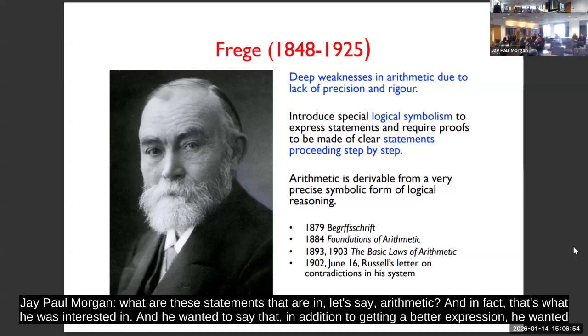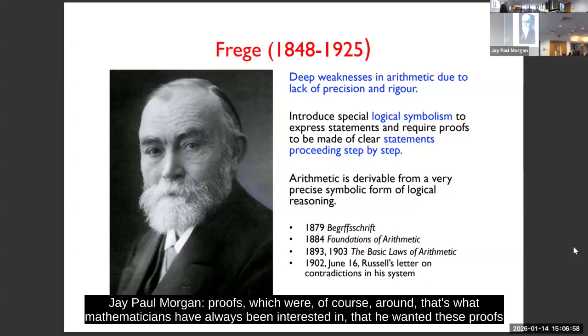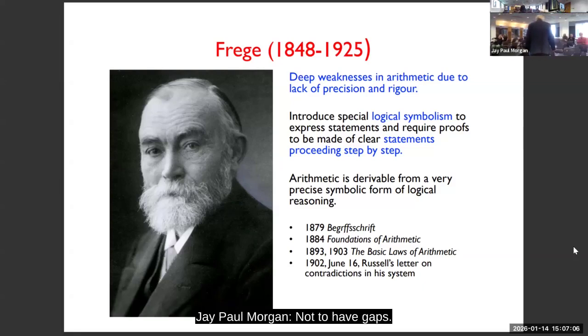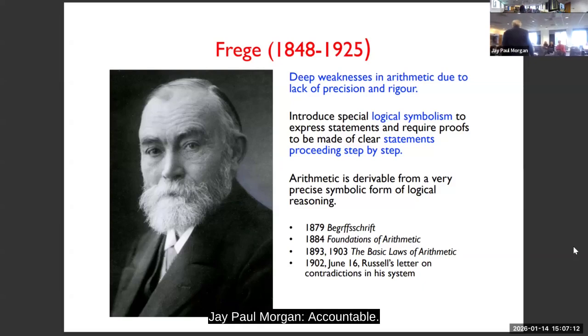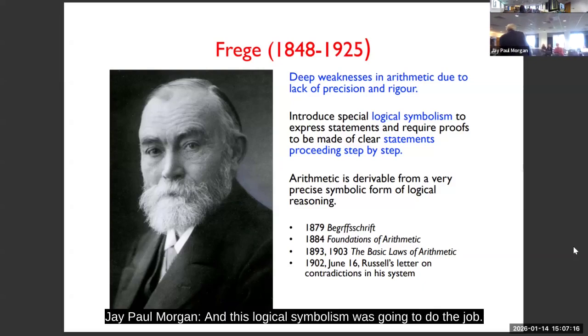And in fact, that's what he was interested in. And he wanted to say that in addition to getting a better expression, he wanted proofs, which were, of course, around. That's what mathematicians have always been interested in. But he wanted these proofs not to have gaps. They wanted to be step by step, accountable, right? Accountable proofs.